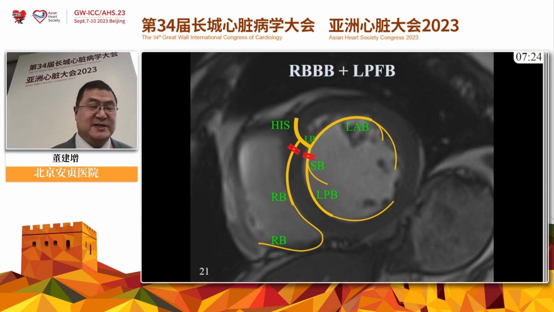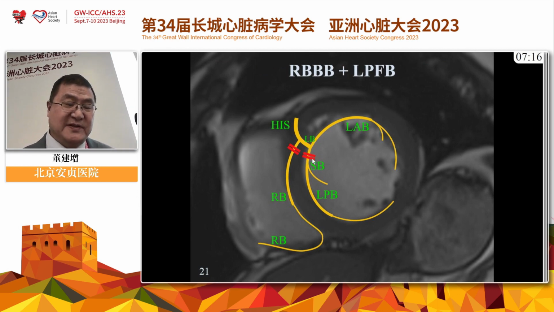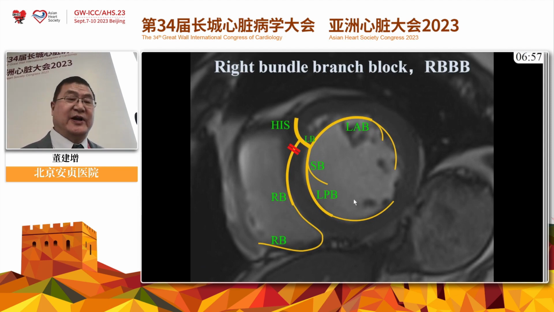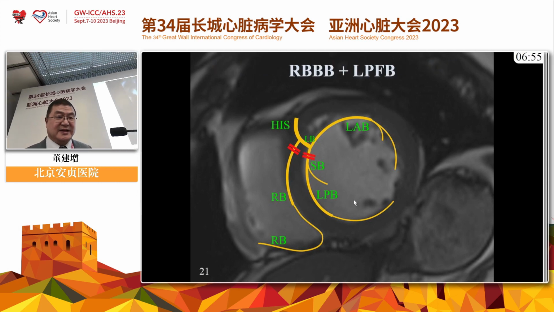Because in patients where right bundle branch block is compounded with fascicular block, the left ventricle is in dyssynchrony and will respond well to CRT therapy. If there is no left fascicular block, they will not respond to CRT therapy. It's very easy to understand.